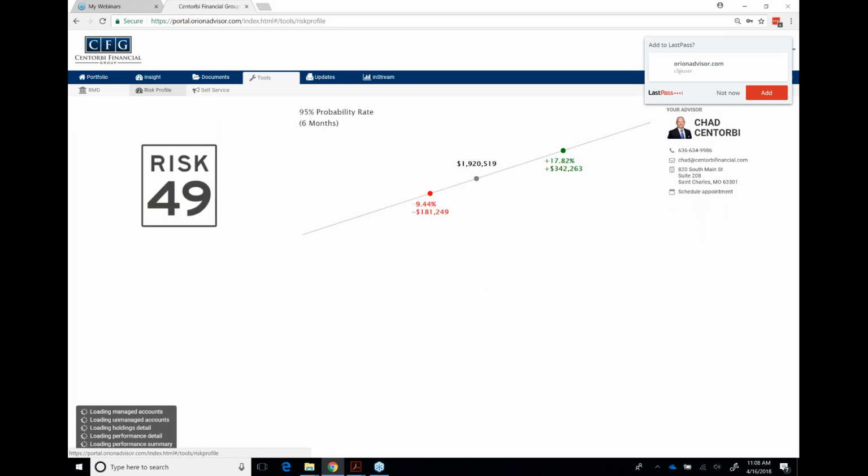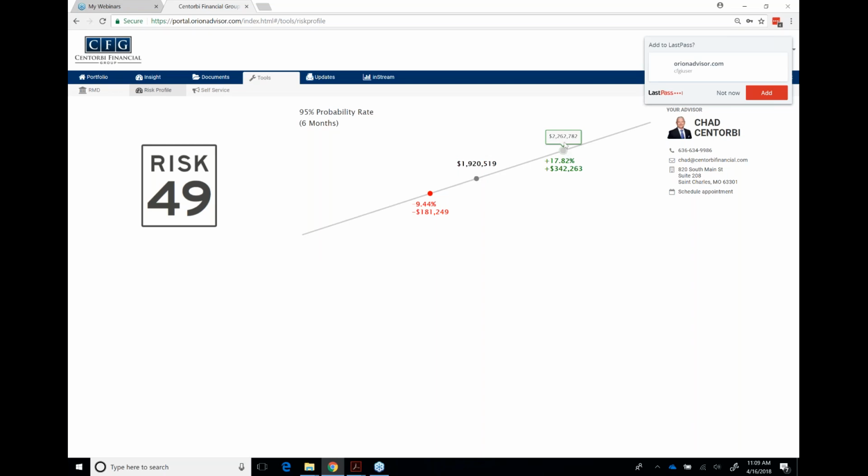As this pulls up, again, this is one of our demo accounts. This is the current risk of all of the investments that are feeding into our portal. The current risk is a risk level of 49, with 95% probability over the next 6 months. We would anticipate the performance to be between negative 9.44 and positive 17.